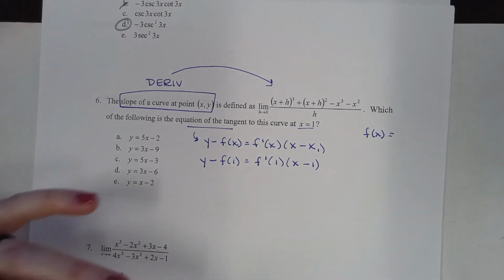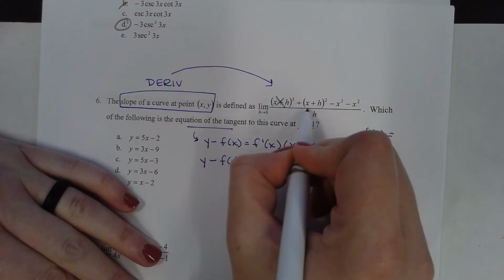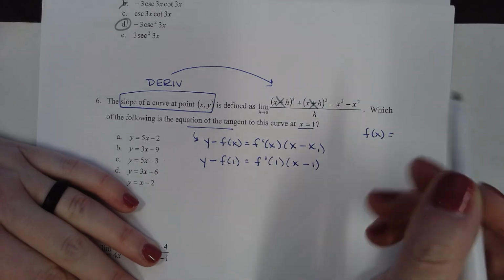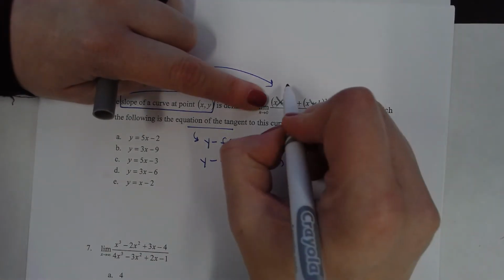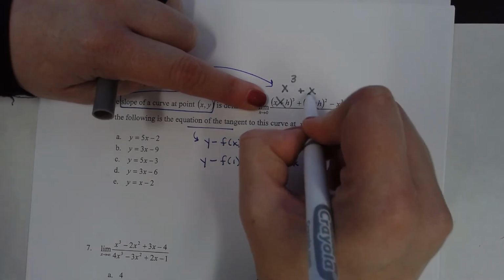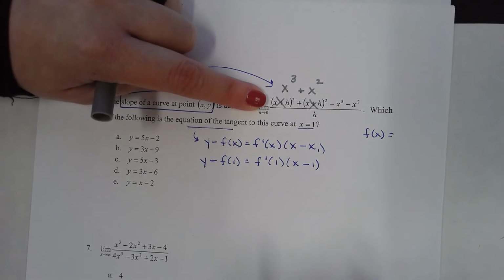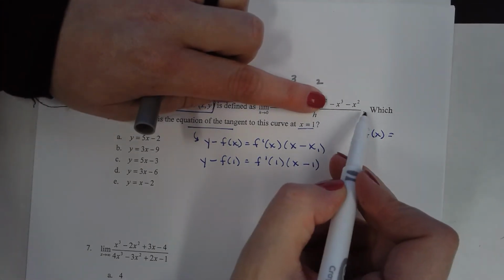So again, every place I see an x plus h, I can picture that as an x if I want. So this right here, I can picture that as an x, and this right here, I can picture that as an x. Now look at your function. It pops right out. X to the third plus x squared. Now look at this. The function is what's after the subtraction sign.